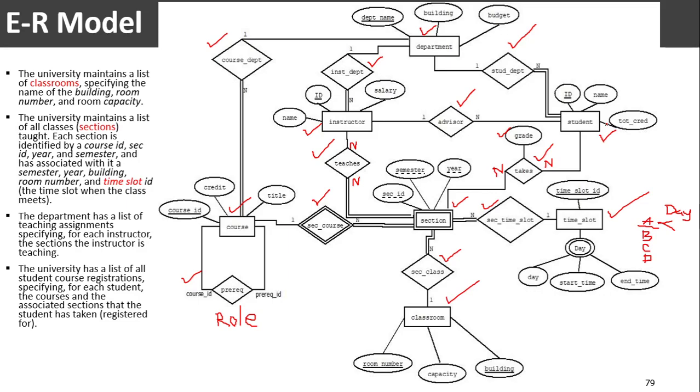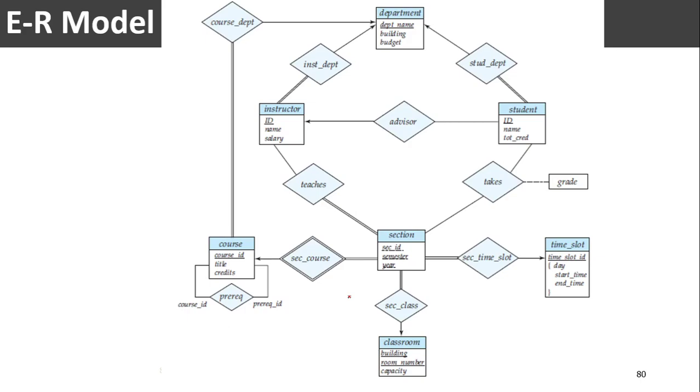Okay, now there is some alternative notation also to draw the ER model that we have seen. So I am going to depict here the alternative way of drawing the same ER model. The only difference is how these entity sets are depicted with their attributes.